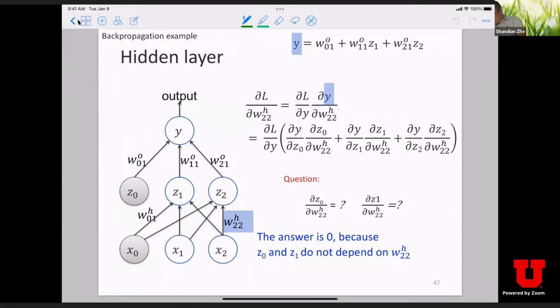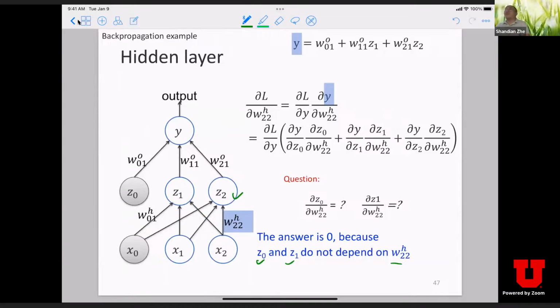The answer is 0 because Z0 and Z1 do not depend on W22H, right? So that means there is only Z2 who depends on W22H. Z2 actually is the target node that the edge containing W22H points to.